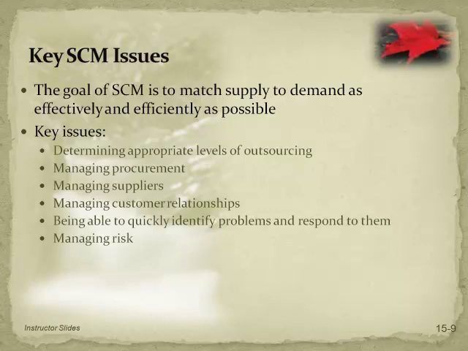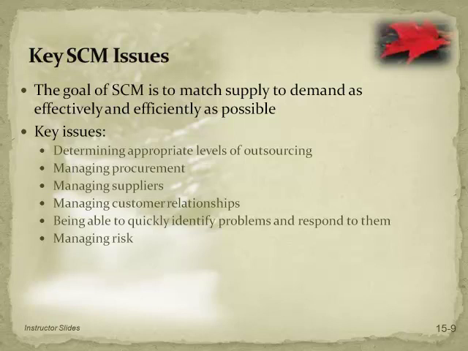So some of the decisions that we're trying to make in supply chain management: we're trying to determine what level of outsourcing we should have. When companies outsource, they are asking another company to perform an activity. It could be a manufacturing activity, but it could also be a non-manufacturing activity, something that they were doing themselves.